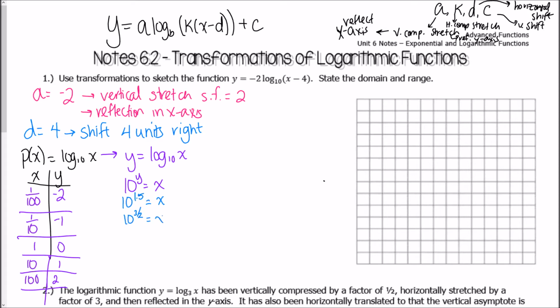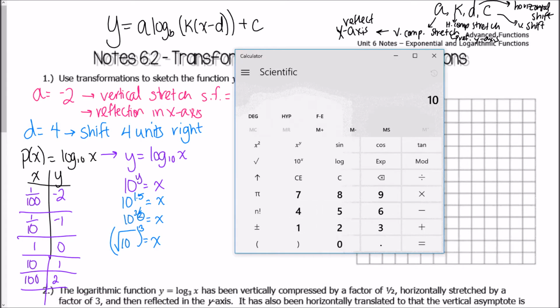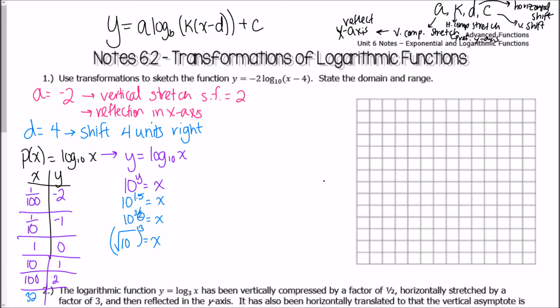Just a reminder for what you guys did last year: the 2 means we're going to take the square root of 10, and then the 3 says we're going to cube it. But let's go ahead and type that into a calculator. So 10 to the power of 1.5 is approximately 32. So we'll say 32 will correspond with 1.5.